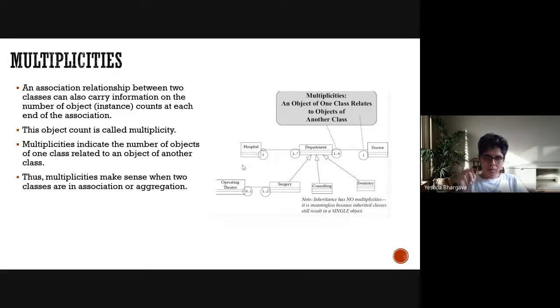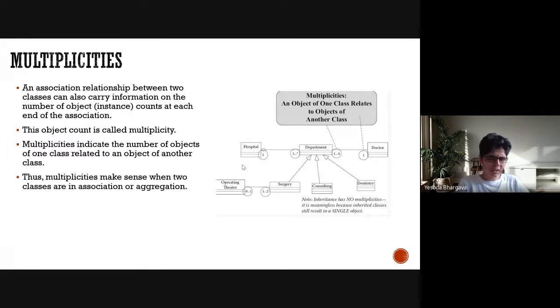What is the sign between hospital and department? How are they linked together? What is the nature of the relationship between the two classes? Aggregation, yes. So there's an aggregation relationship between hospital and department, and if you were to read the multiplicity, you would say that each hospital is associated with one or many departments.